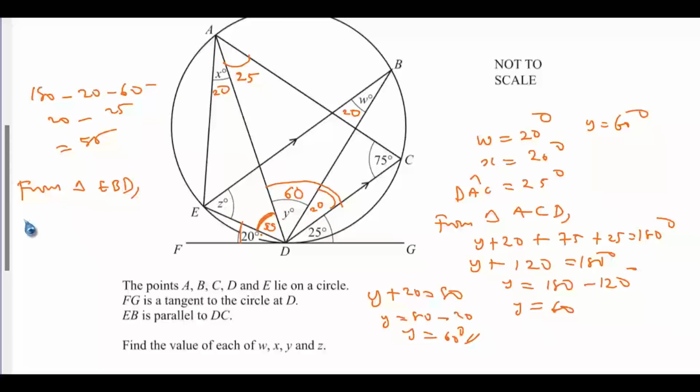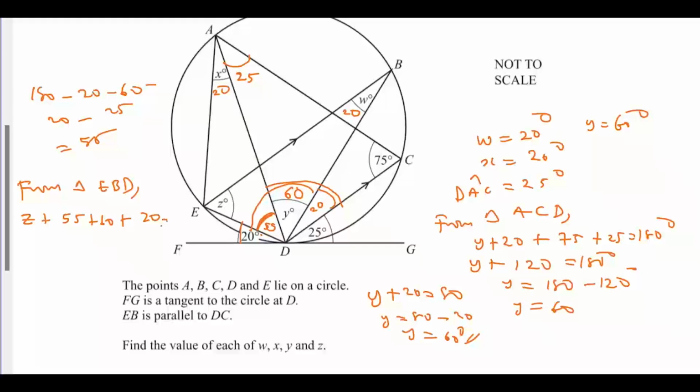So that means Z plus, this angle here from here to here, that is angle EDB, will be 55 plus 60, then plus this angle EBD, that is 20.